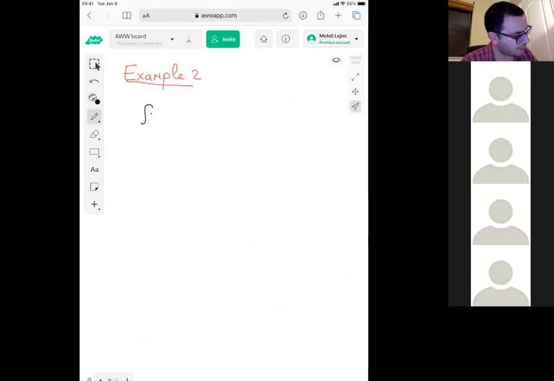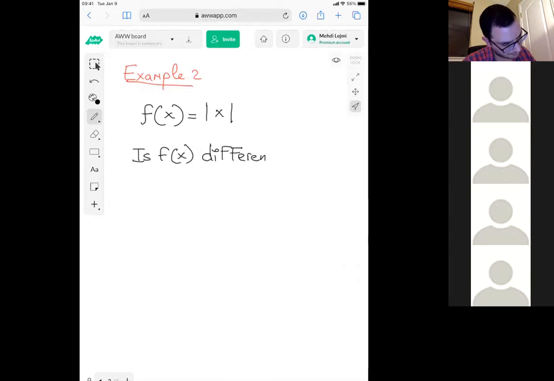I'm gonna take f of x equal to absolute value of x, right? And the question is: is f of x differentiable at x equal to 0, okay?